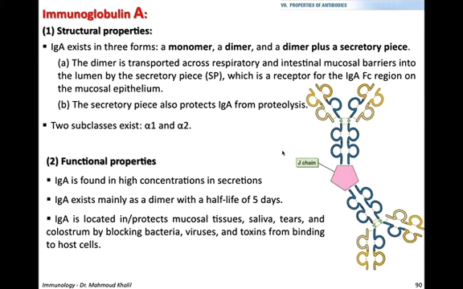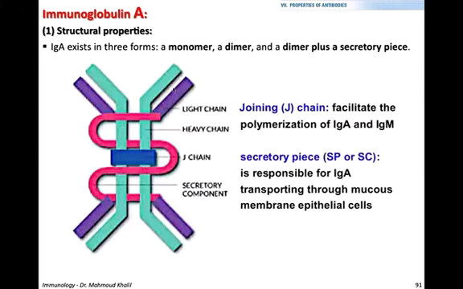In this figure, you can see how the secretory piece is integrated into the structure of the dimer.